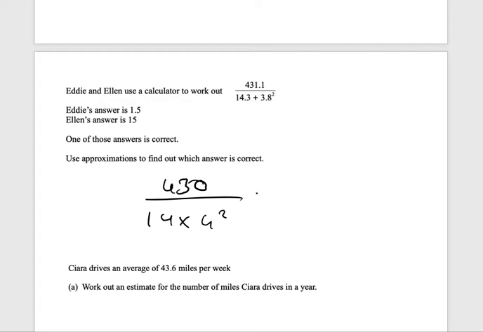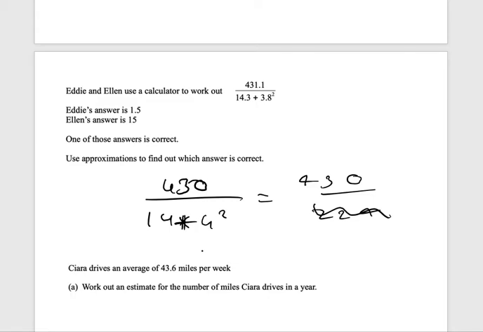Okay, now 430 divided by 14 multiplied by 16, you can just work out 14 multiplied by 16 is going to give you an answer of 224. Now 430, sorry, it's add there.